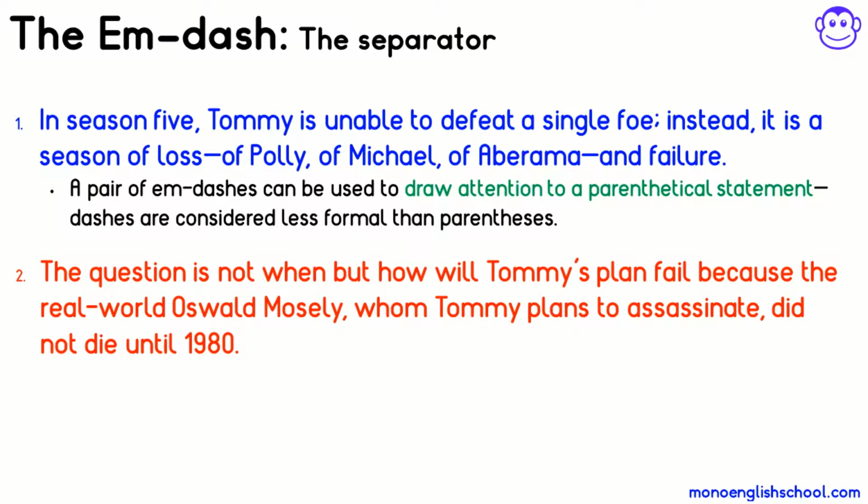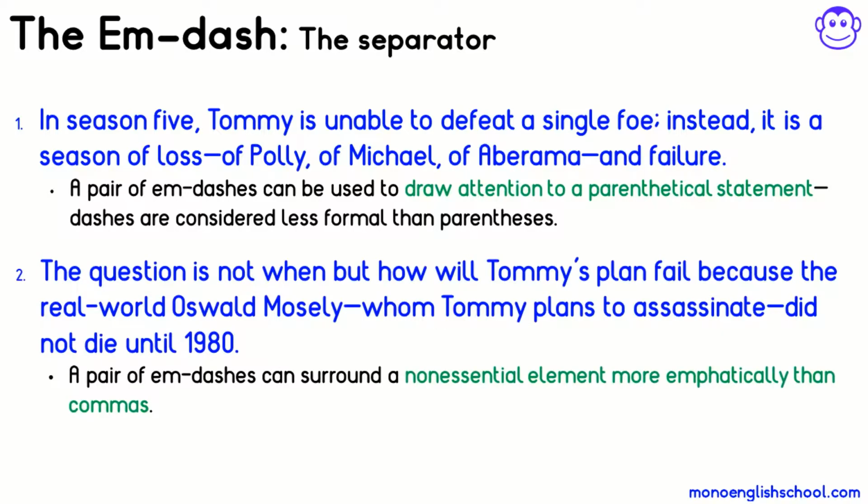The overall focus of my text, however, is the plot of Season 5 of Peaky Blinders. So what I can do to draw the reader's attention back to the plot point I am discussing is to use M dashes instead of commas to surround the clause. Again, this is more emphatic and less formal than the commas that the M dashes replace.